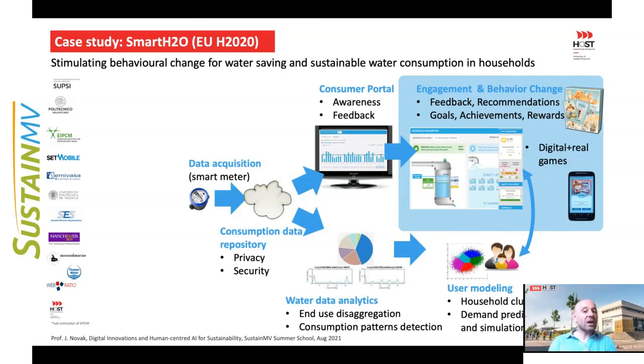And then we looked at how we can provide this feedback in a way which stimulates people to understand whether this consumption is too high or maybe sufficiently low, and to motivate them to do things that will help them reduce the consumption. So we combined feedback with tips on how they can reduce consumption and some motivational elements which should motivate them to do so, among others, understanding what the impact of their actions could be.